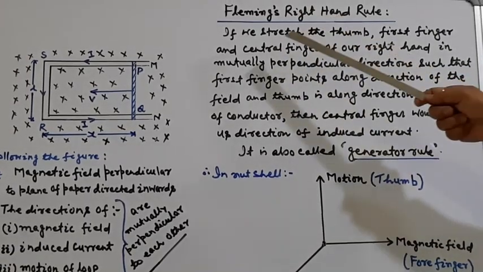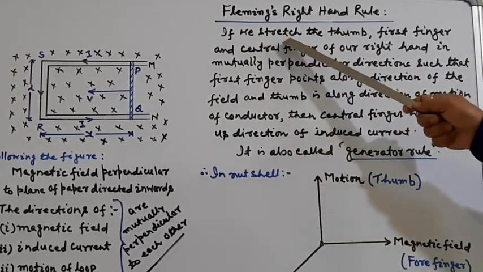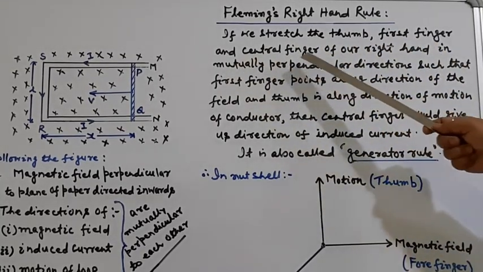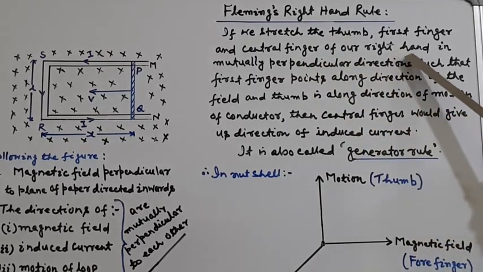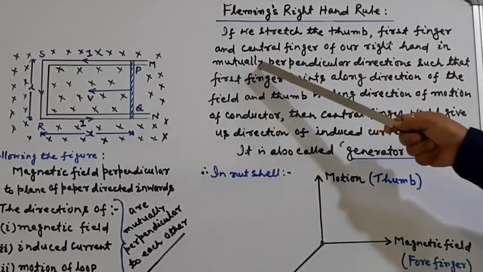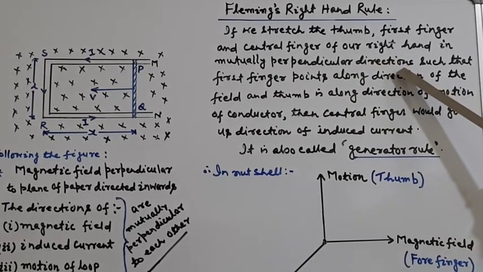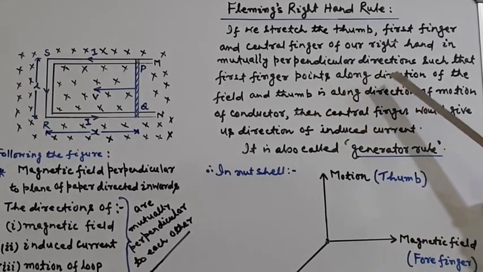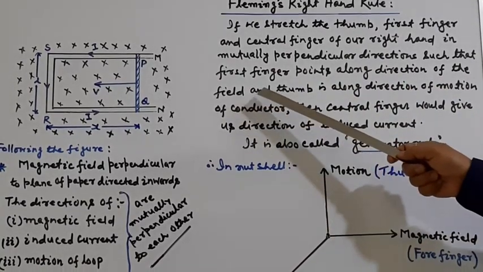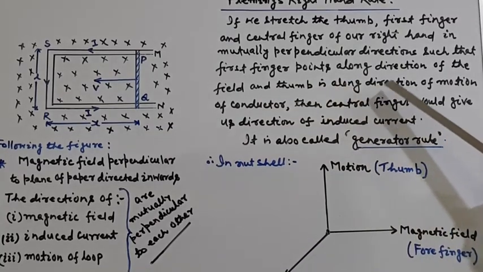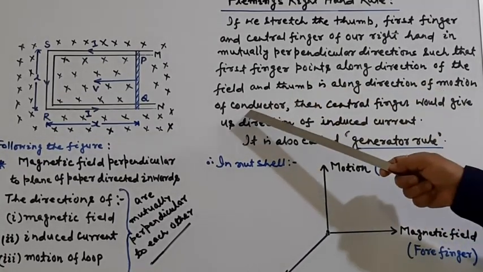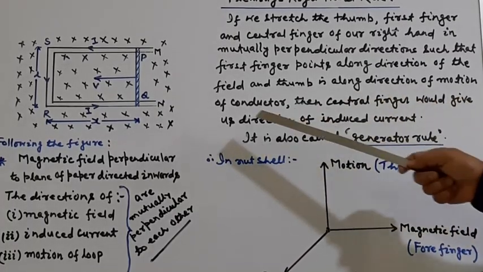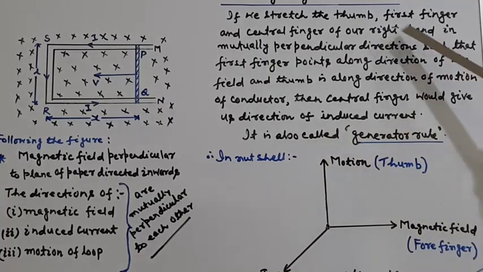Fleming's right hand rule states that if we stretch the thumb, first finger and central finger of our right hand in mutually perpendicular directions such that the first finger points along the direction of the field and the thumb is along the direction of motion of the conductor, then the central finger would give us the direction of induced current.